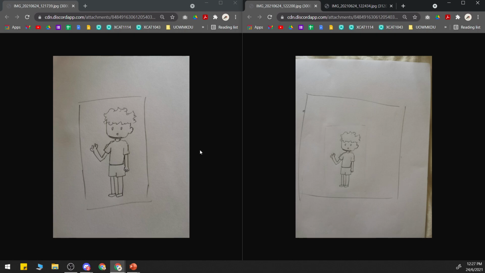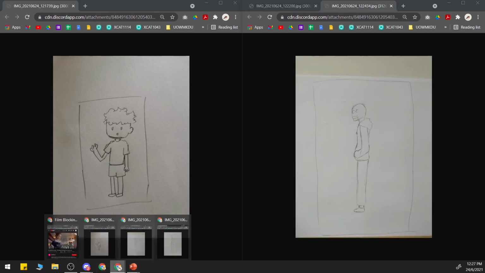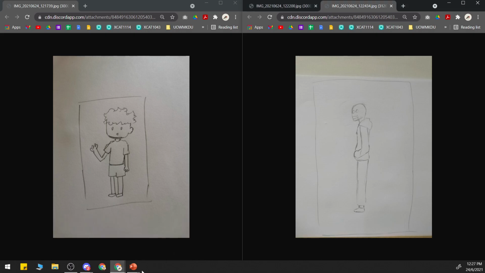Right? So these are very subtle emotions that you can convey. For example, if I were to redraw the frame, if I want your character to feel more hope, I would draw the frame like there's a lot of space in front of him.